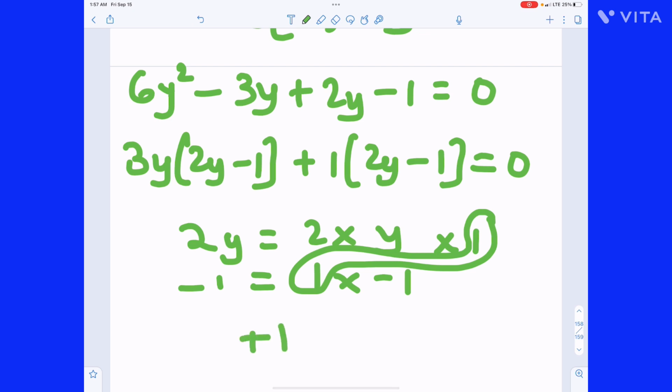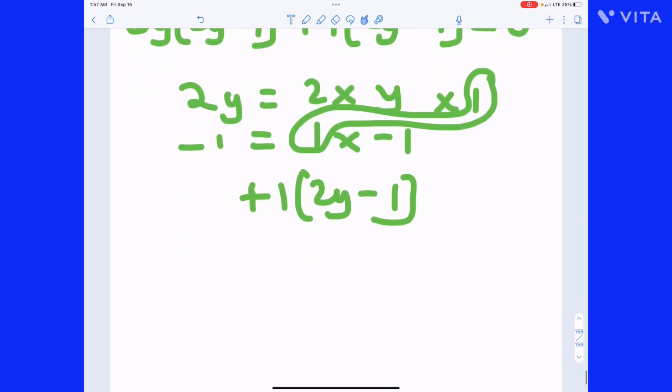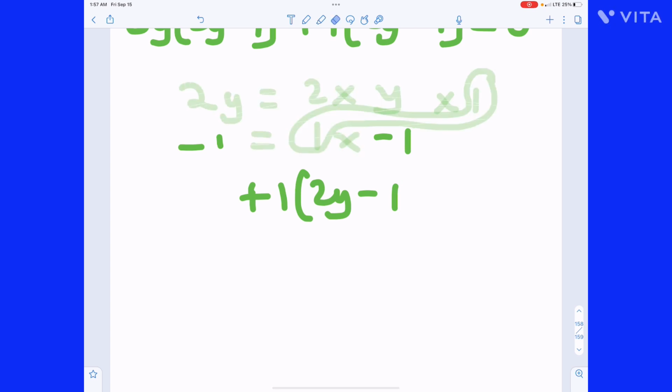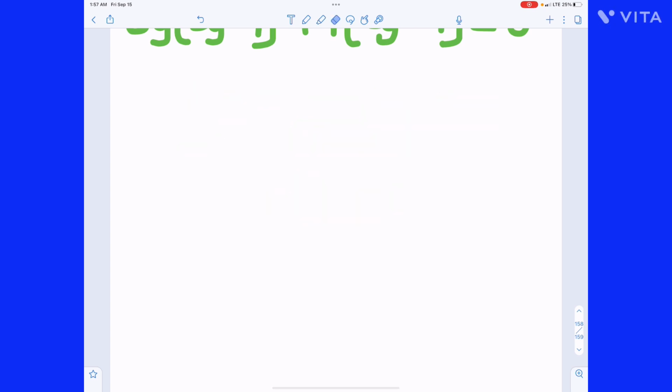Then I have 2y minus 1 left. I hope you can see that. So that's how that factorization went.